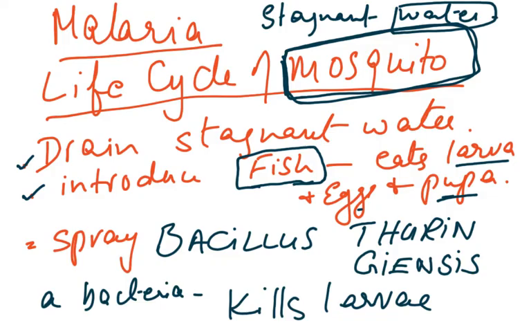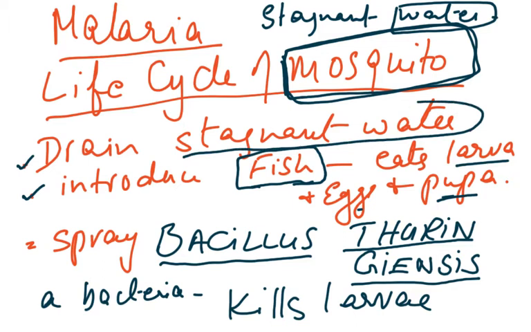Then we can spray bacteria which is called Bacillus thuringiensis. This is one word. When we spray this bacteria on the surface of the stagnant water, this kills the larvae. The reason is that the larvae is the only one which feeds.